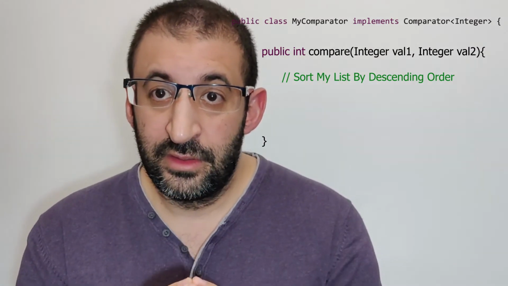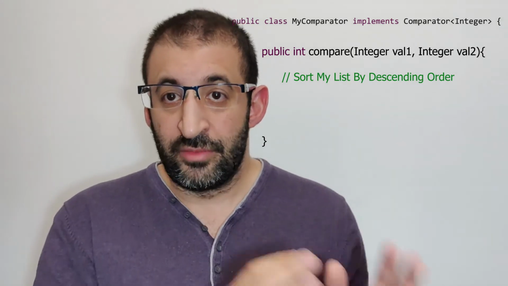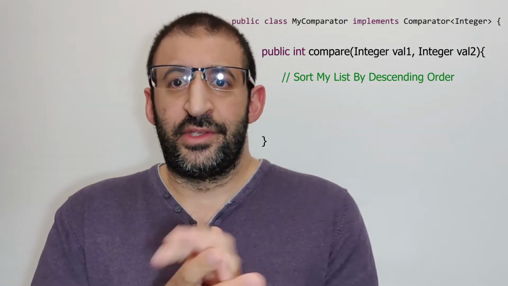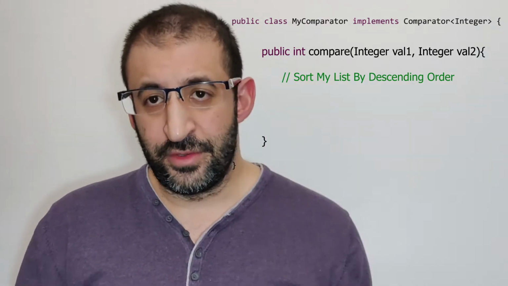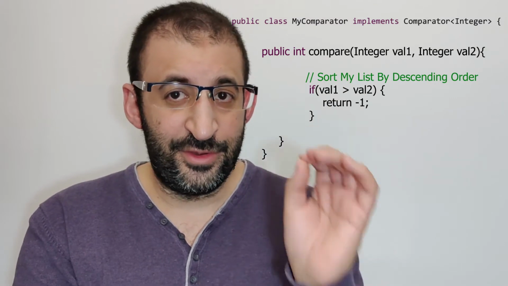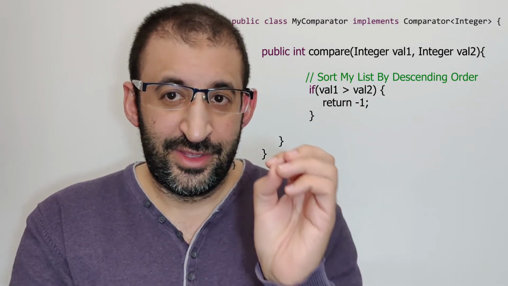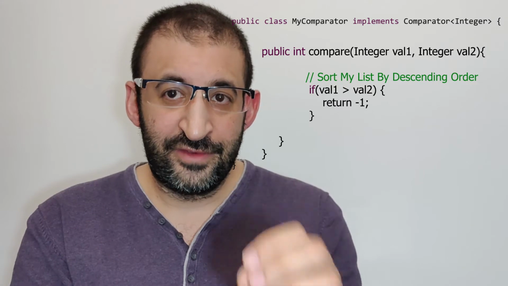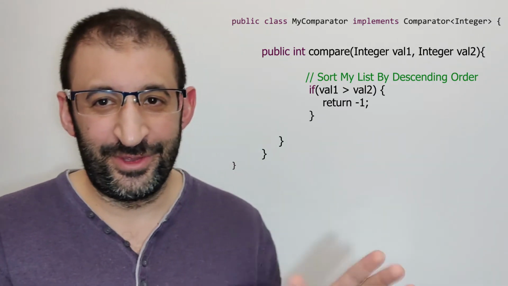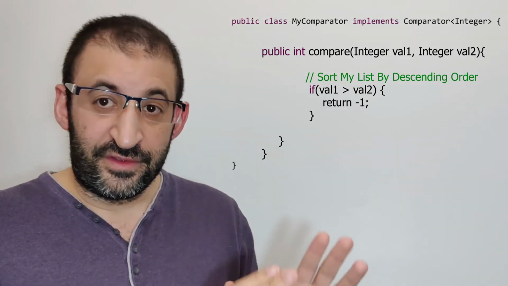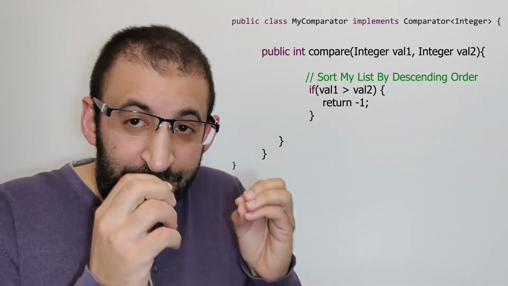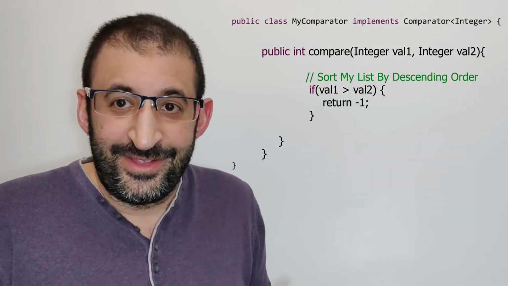So to do this, I will implement the compare method. How to do this? I will check the values against each other. So if value1 is bigger than value2, listen very well, brothers and sisters. If value1 is bigger than value2, what do I want to get in this case?